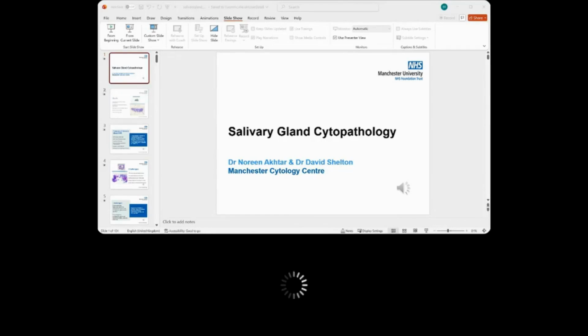If possible, we will provide a specific diagnosis, but as we'll discuss later, that is not always possible with salivary gland cytopathology. In general, the performance of salivary gland FNA is very good, and you can see there the sensitivity and the specificity for malignancy.